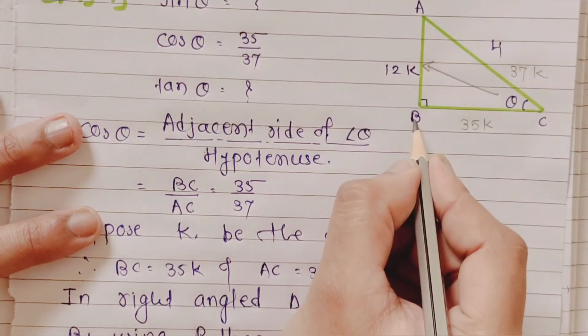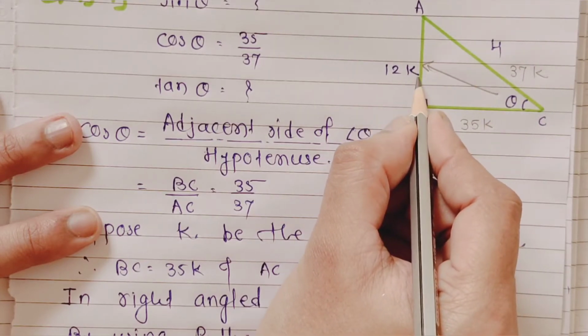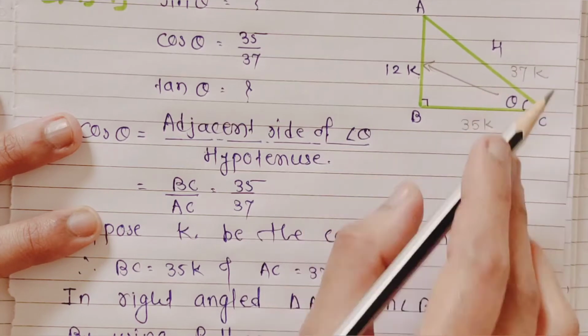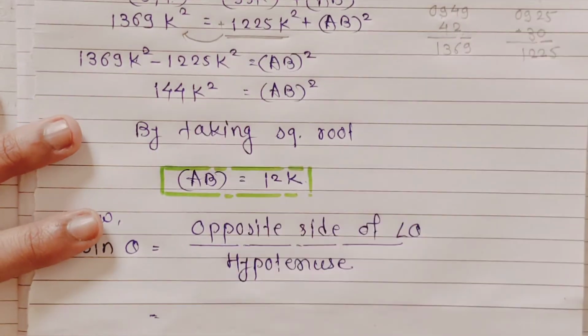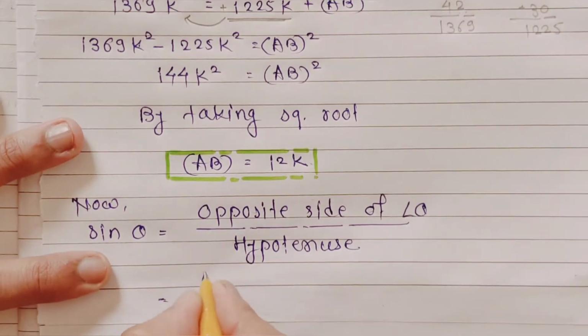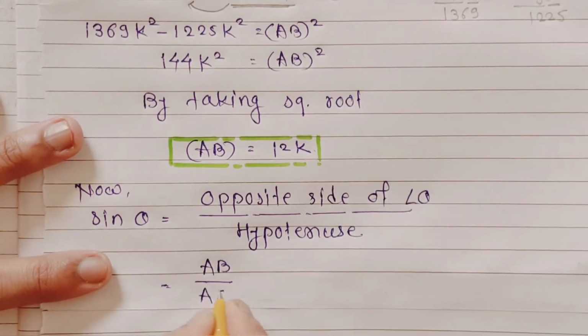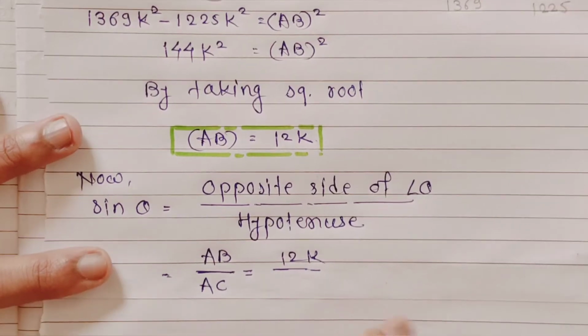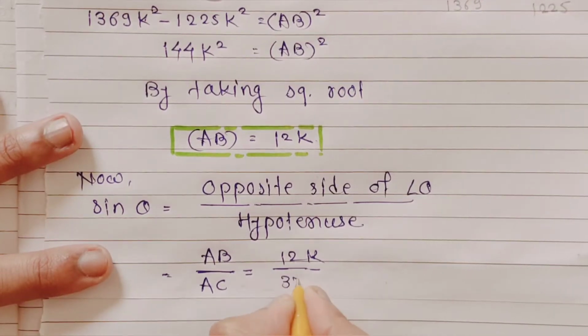And length of AB, it is 12k, upon hypotenuse, that means AC, and length of AC, it is 37k. So we can write sin theta is equal to opposite side, that means AB, upon hypotenuse, that means AC, and length of AB is equal to 12k and length of AC is equal to 37k.